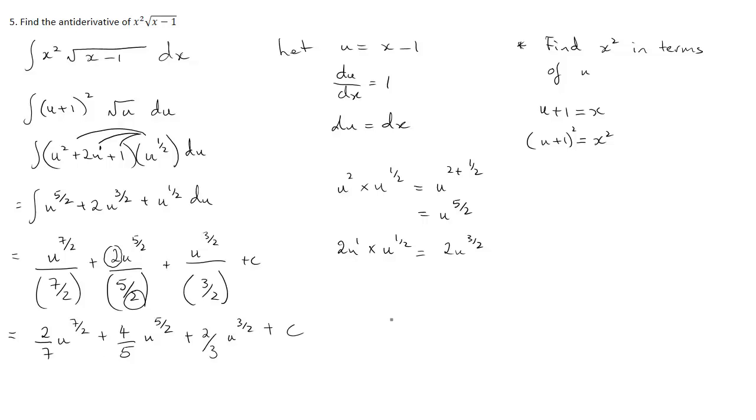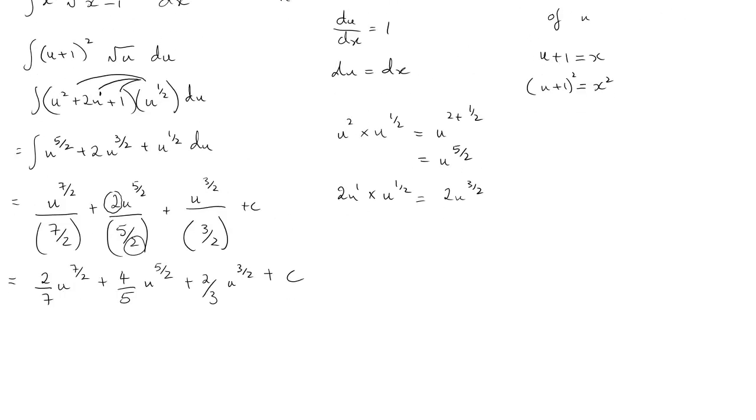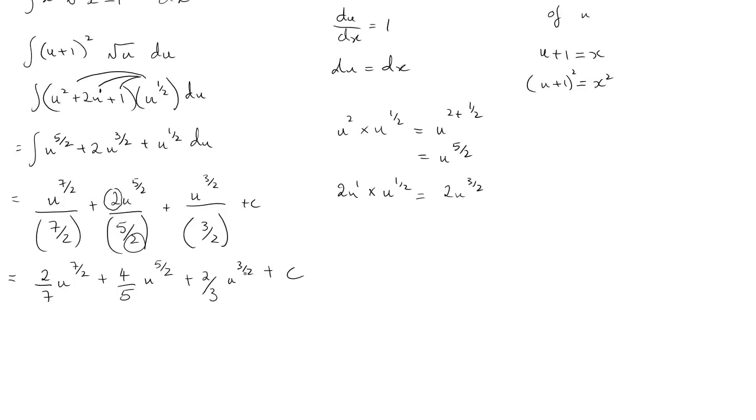Okay, so now we have to just allow u to be equal to what it is, and we made it equal to x minus 1, didn't we?